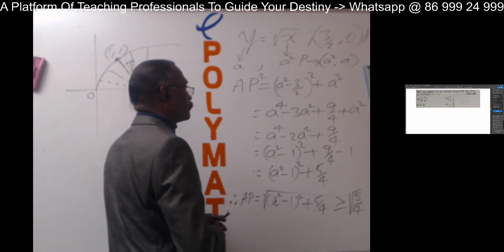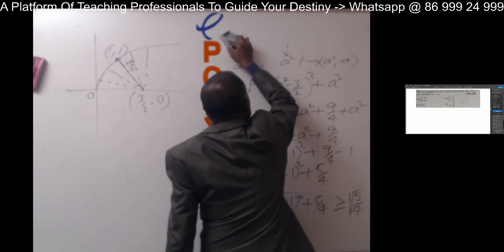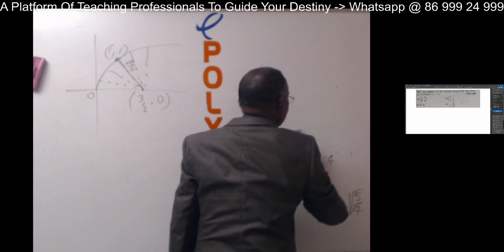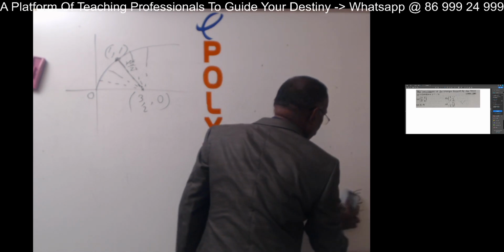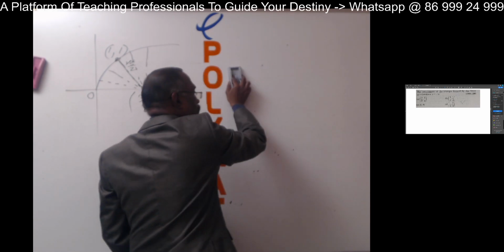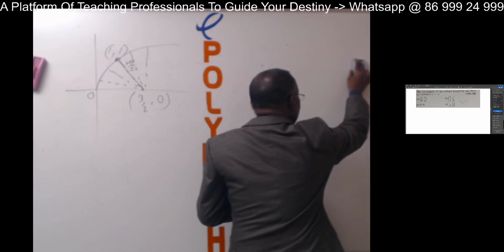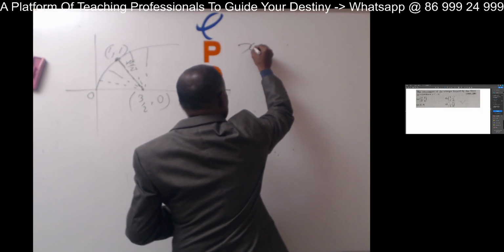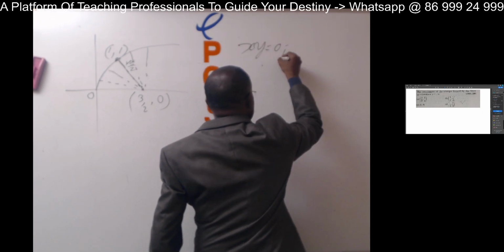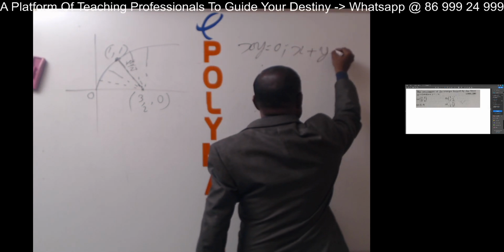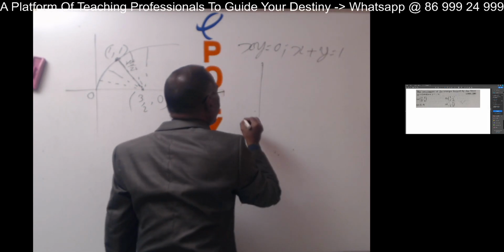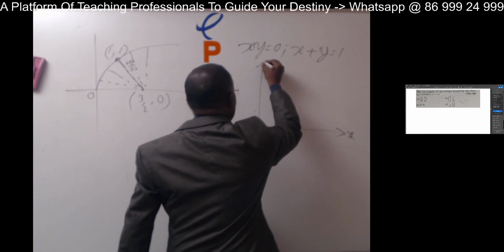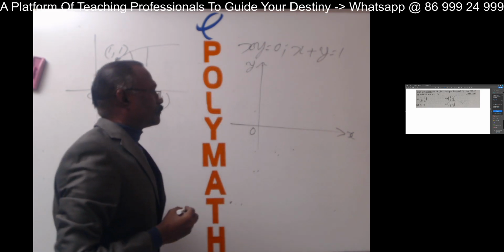Let's see this. Now remember the question? The triangle is formed by 3 lines: xy is equal to 0 and x plus y is equal to 1. We need the orthocenter of the triangle.